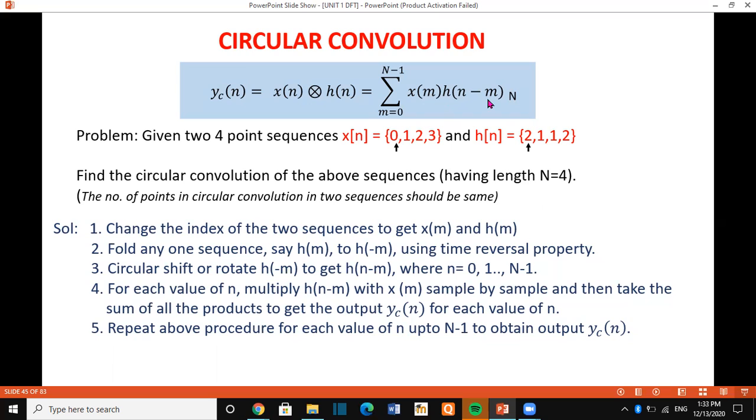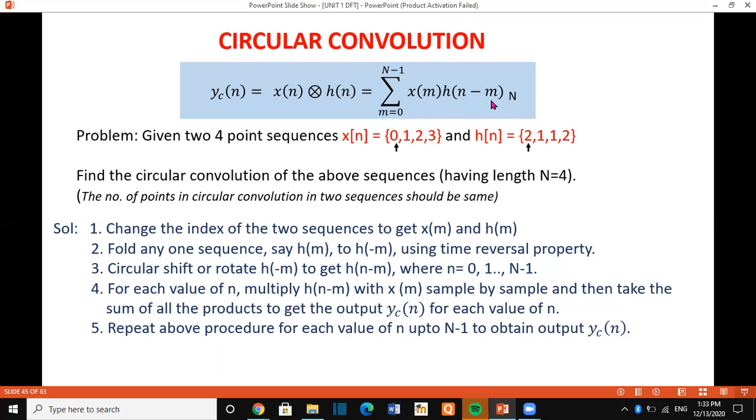So in the second step, we fold the sequence h of n and get h of minus n. This is done by using the time reversal property. After we get h of minus m, we need to circular shift it so that we get the values of h of n minus m.